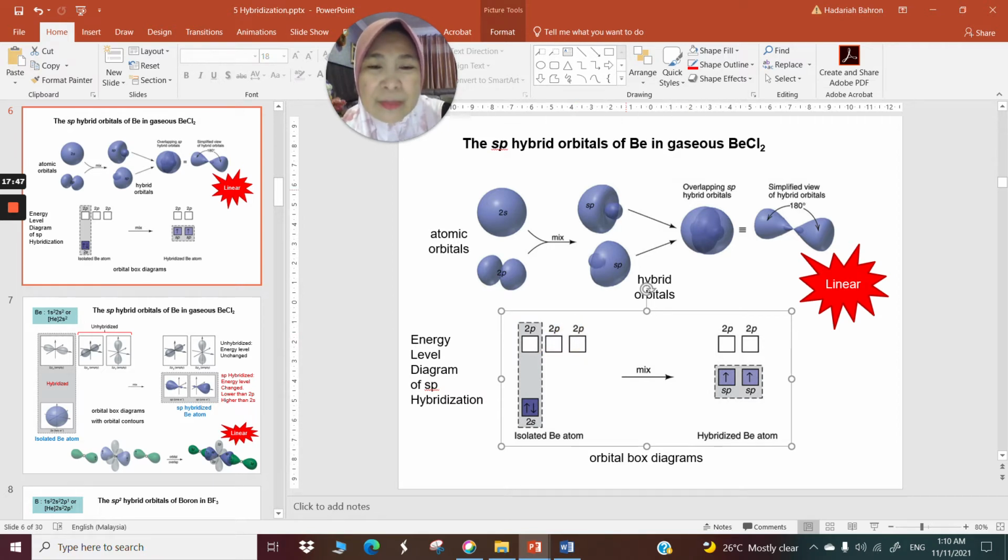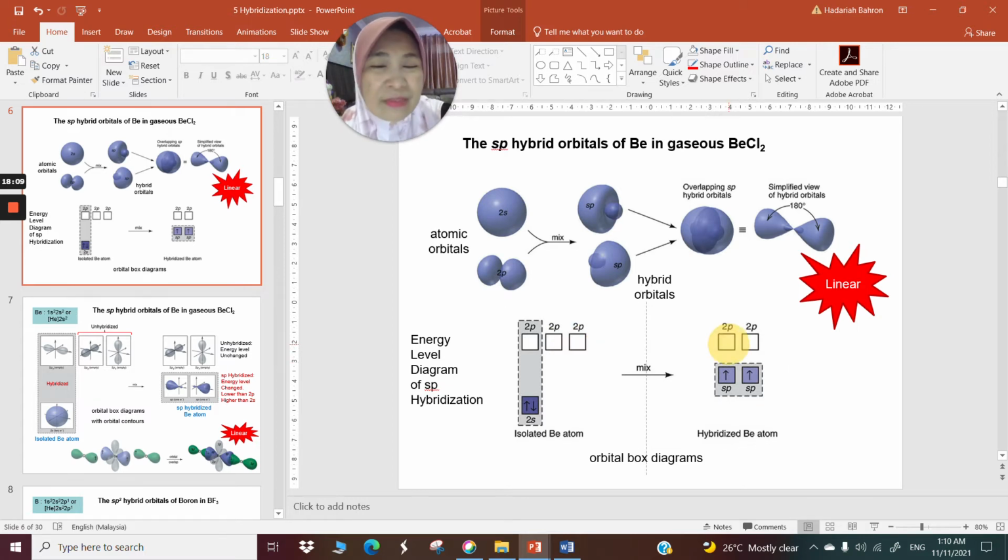For beryllium to make sp orbital hybridization, only this s and that p are going to mix, whereas this py and that pz are going to remain unhybridized, or unmixed. So the 2py and the 2pz will not change the energy level. Nothing happens to them because they're not mixing with anything.